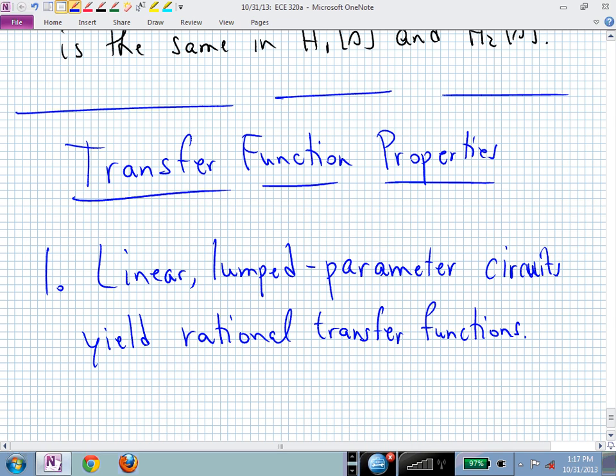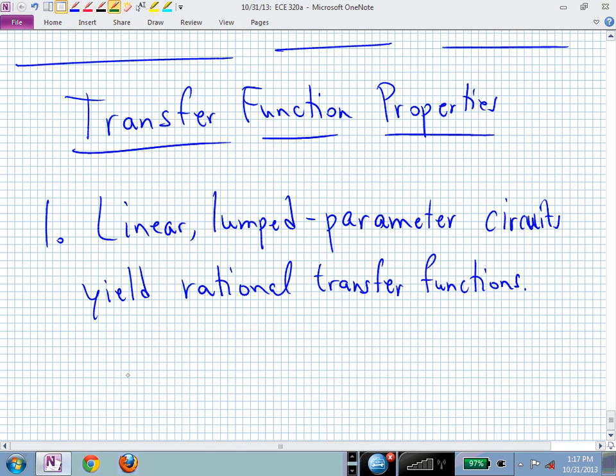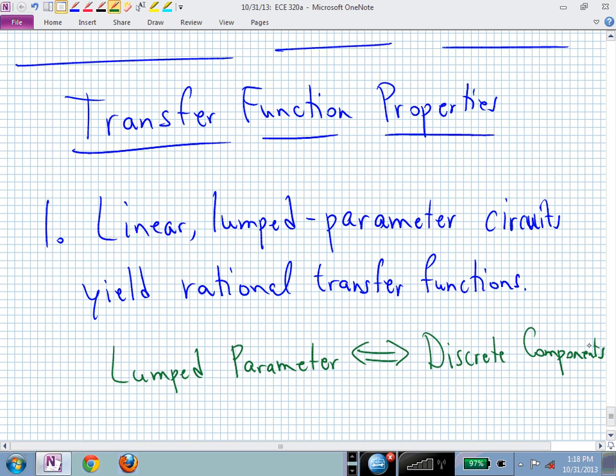What's a lumped parameter? Do we know? What's oatmeal-ish about that circuit that we just talked about? Well, lumped parameters means that you have discrete components.